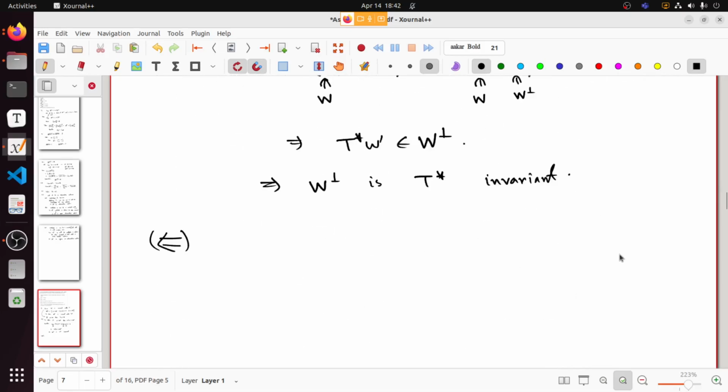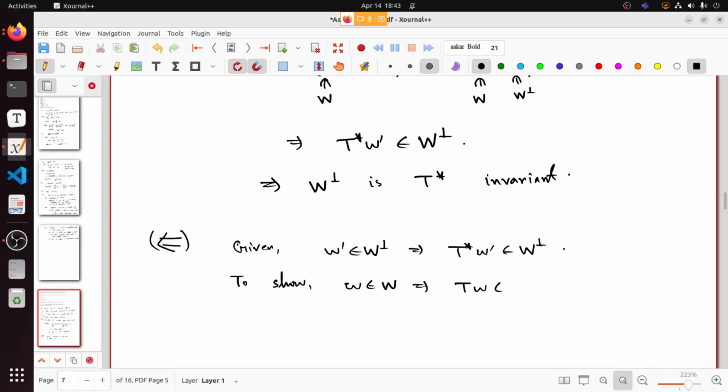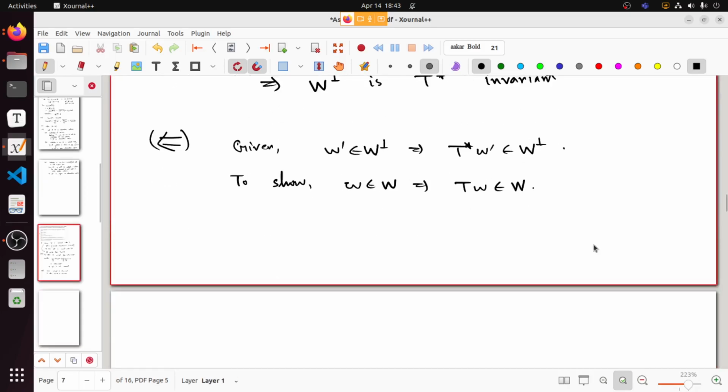To prove the other part, what is given is that W' belongs to W perp implies T star W' belongs to W perp. And we have to show that W belongs to W implies TW is in W, right? So let's again compute the inner product of TW with W'.